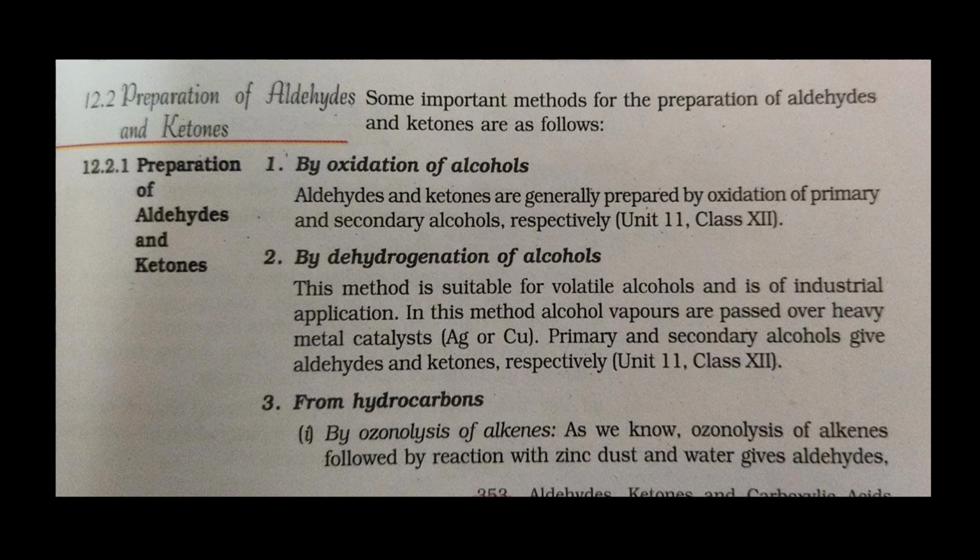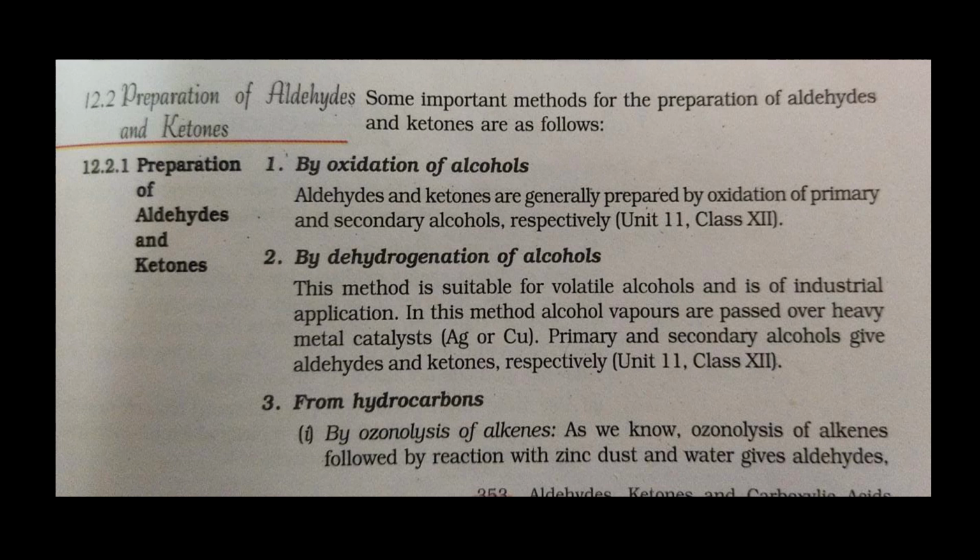Second one, by dehydrogenation of alcohols. This method is suitable for volatile alcohols and is of industrial application. In this method, alcohol vapors are passed over a heavy metal catalyst, which is Ag or Cu. Primary and secondary alcohols give aldehydes and ketones respectively. Refer Unit 11, Class 12.